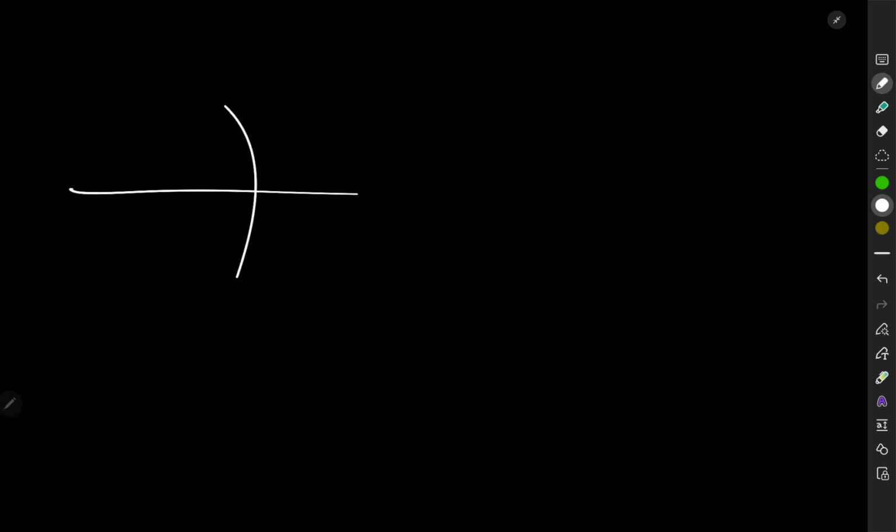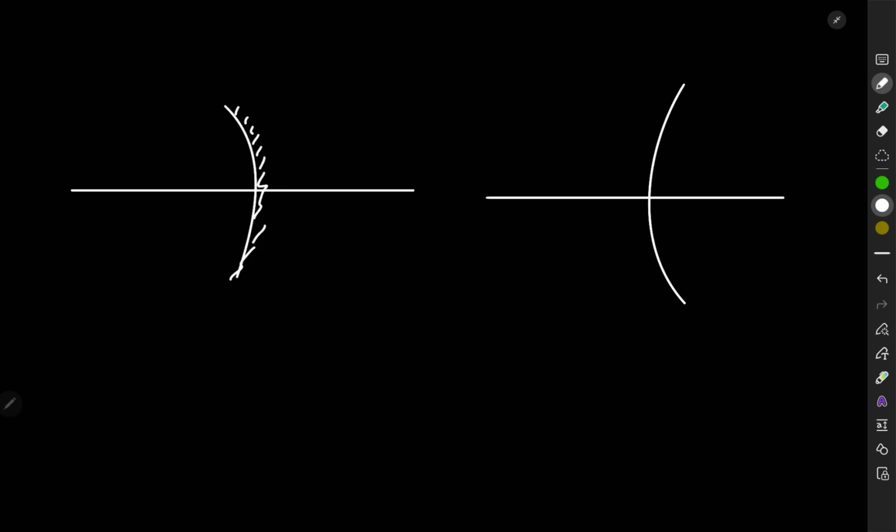Let me take an example of a concave mirror and a convex mirror. I'm gonna shade it like this. I hope you can spot the difference. And I'm gonna put an incident ray like this. You can take any ray from anywhere, no problem, but you must understand where it will diverge, that's the main thing.